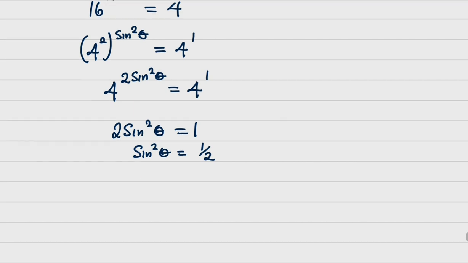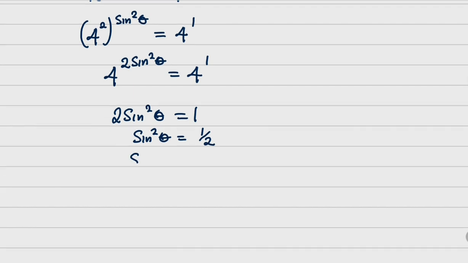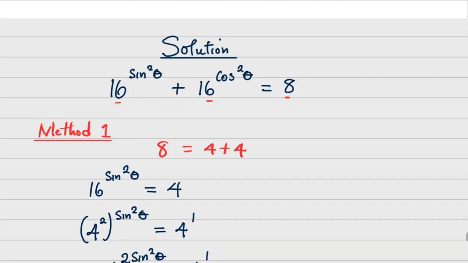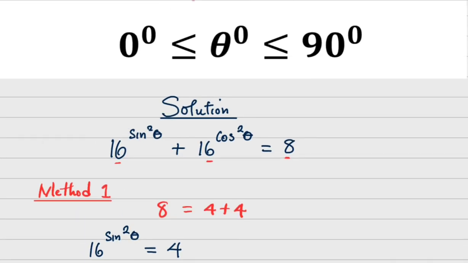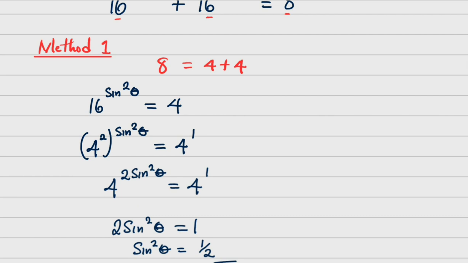So that by the time I square root both sides, I'm going to have sine theta equal to plus or minus square root of 1 over 2. But recall, we have a condition that theta should be an acute angle.